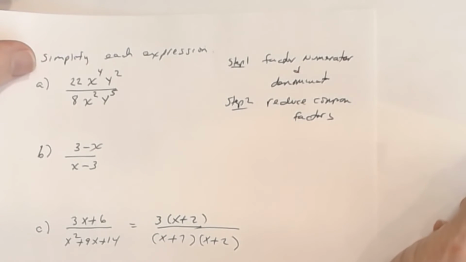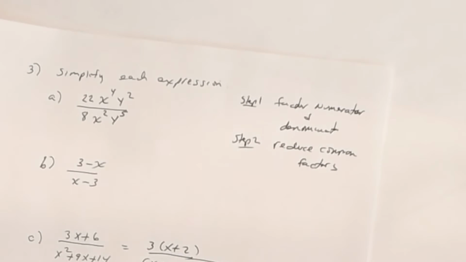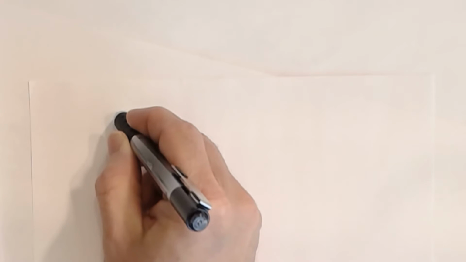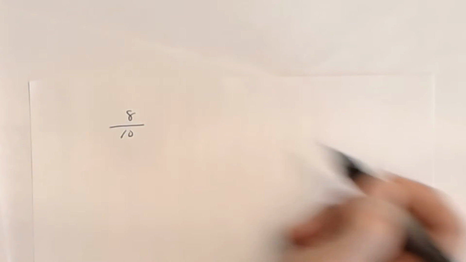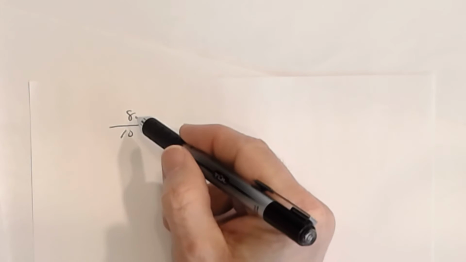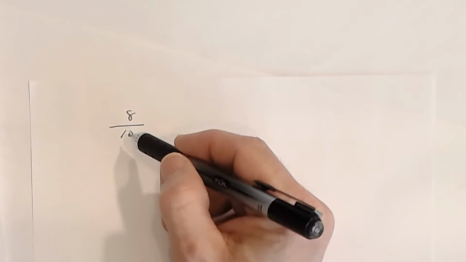Reduce common factors. So for example, if I look at this idea from something you may remember a while back, if I have 8 divided by, let's say, 10, I can reduce this because both of these have a 2 in common, have a 2 as a factor.